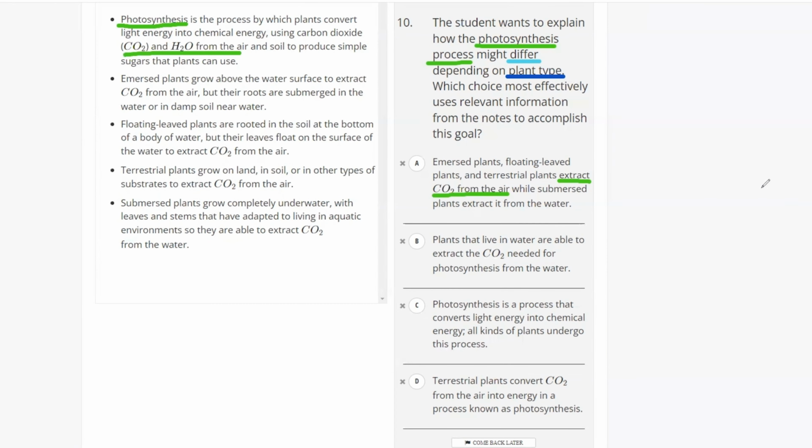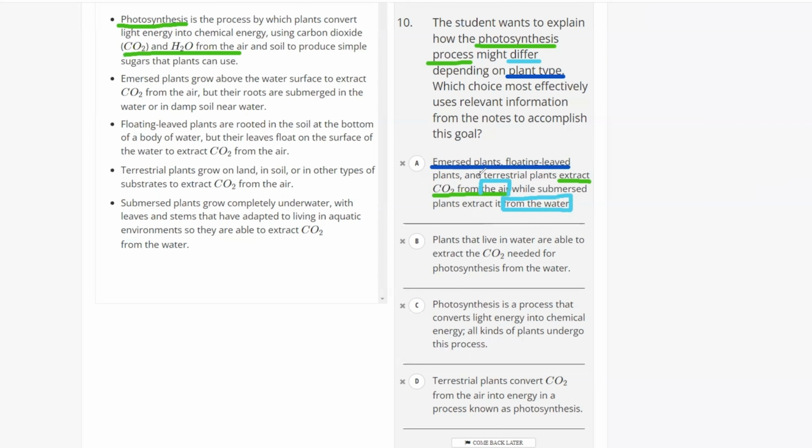Now, do we see evidence of difference? We sure do. These plants, immersed, floating leaved, and terrestrial, extract from the air. Submersed plants extract from the water. And do we see evidence of different plant types? We sure do.